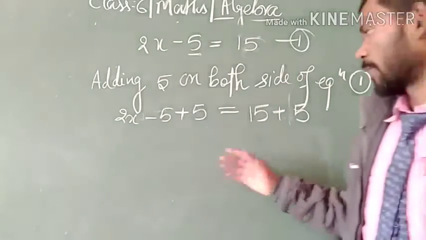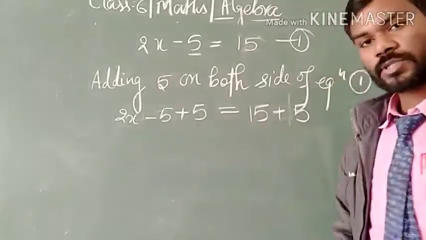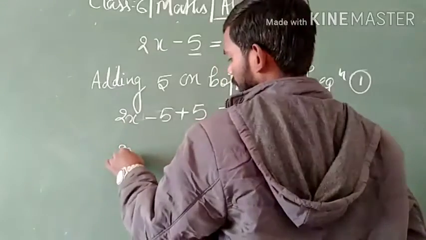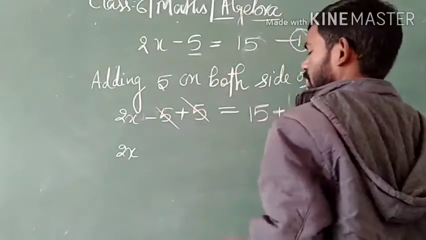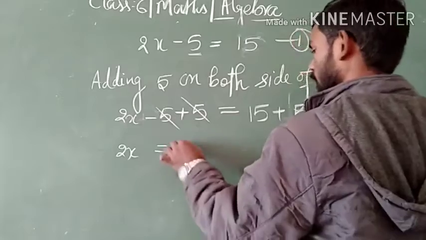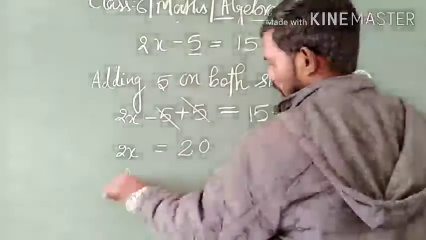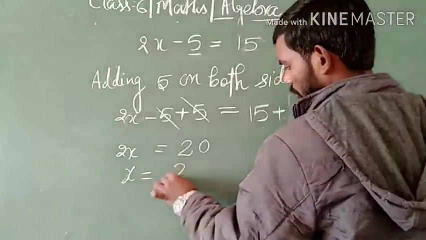Okay, we have operated 5 on both sides and now here we get 2x, 5 and 5 cancelled out, is equal to 15 plus 5, 20, and x is equal to.